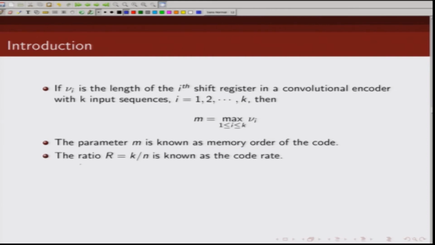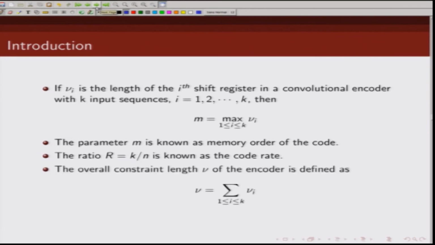As we know, the ratio of information bits to coded bits, k by n, is known as code rate, which we denote by capital R, and the overall constraint length is defined as the sum of the lengths of all the k shift registers.